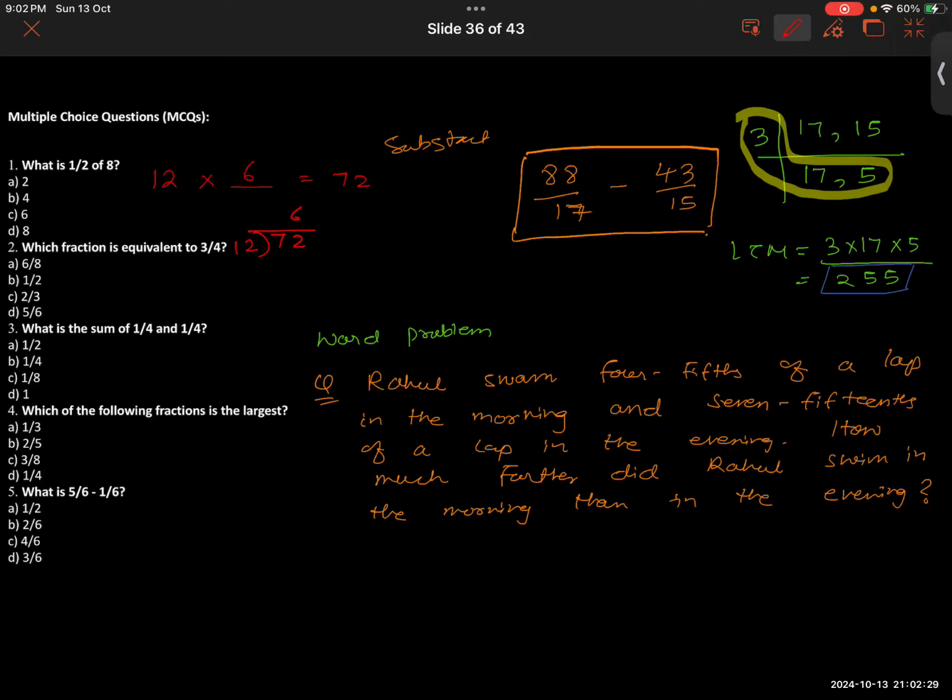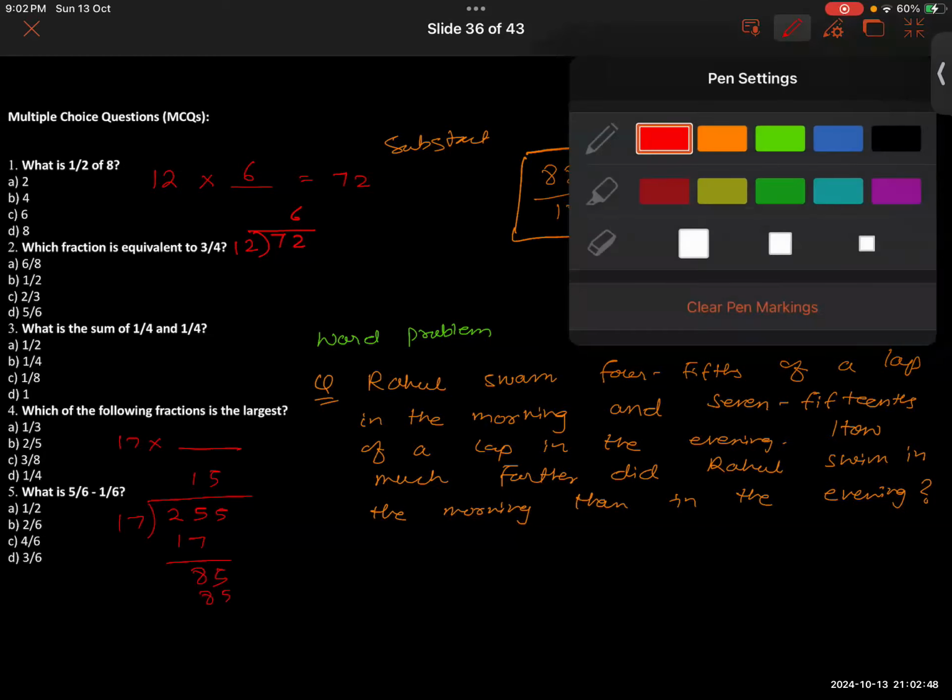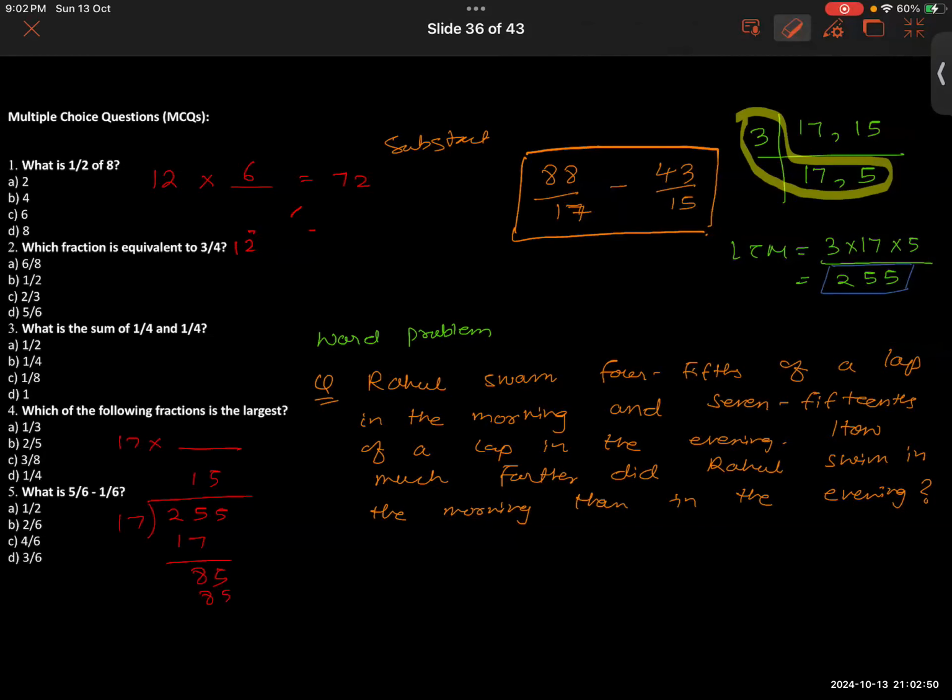Same thing is here. In order to get 255, 17 should be multiplied with what number? So I'm going to simply divide 255 with 17 now, right? Getting it now. So 17 ones are 17, and then 17 fives are 85. So whenever in doubt, you have to simply divide the number. So yeah, you have to multiply it with 15. Continue further.